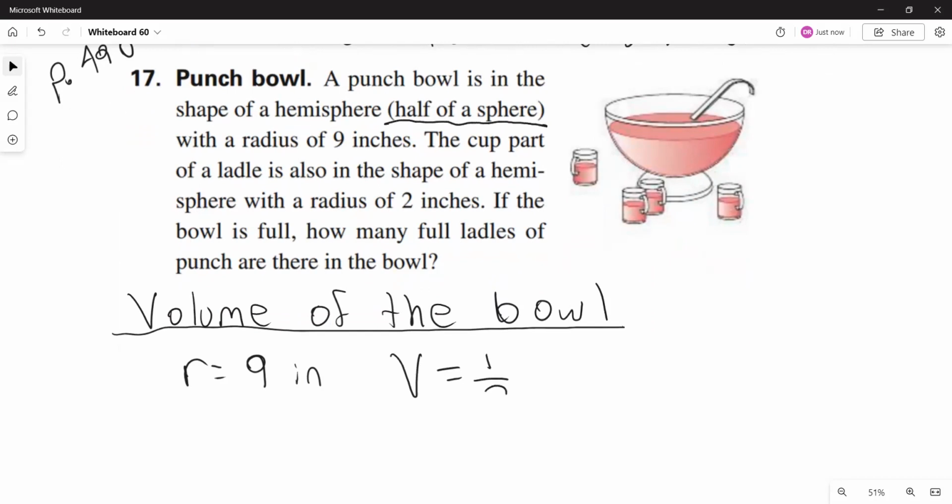This is going to be 1/2 times 4/3 pi r cubed, and it's 1/2 because it's a hemisphere. So we can simplify 1/2 and 4/3 as 2/3.